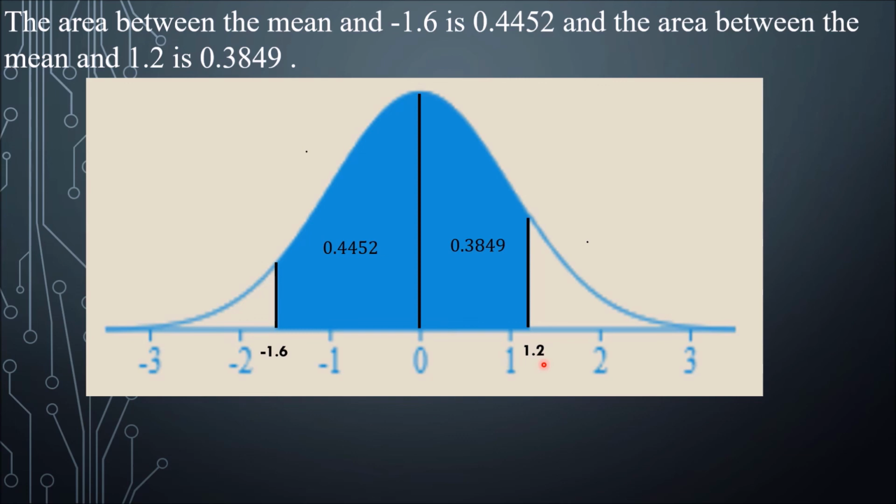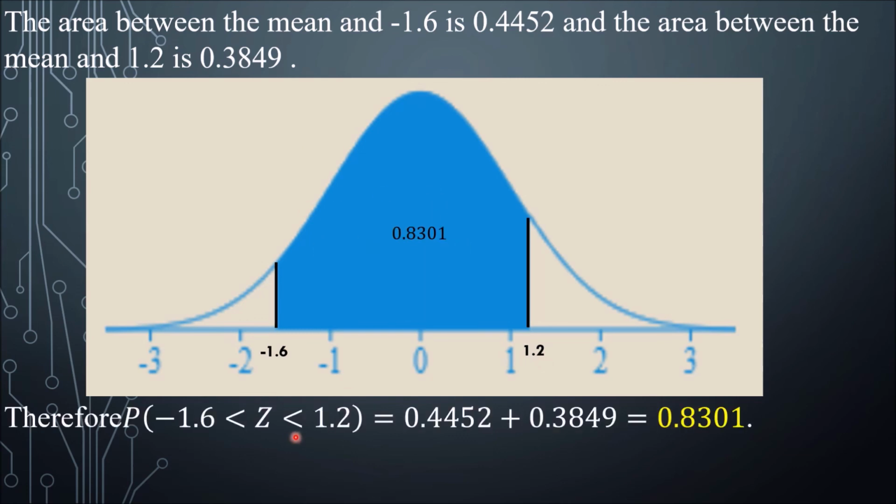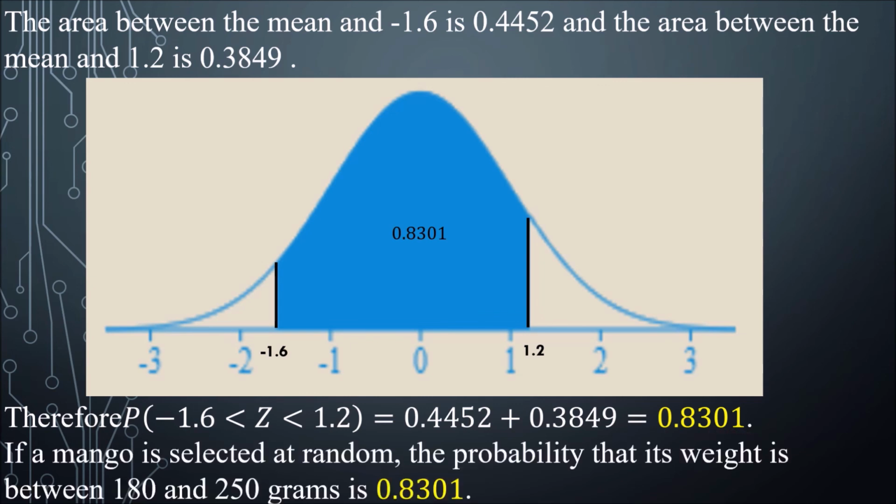What shall we do to get the area of the shaded part? We add. So between negative 1.6 and 1.2 is 0.4452 plus 0.3849, and that is equal to 0.8301. Which means if a mango is selected at random, the probability that its weight is between 180 and 250 grams is 83.01%.